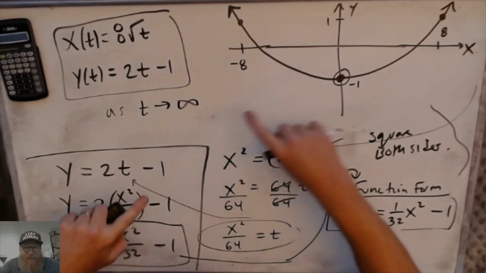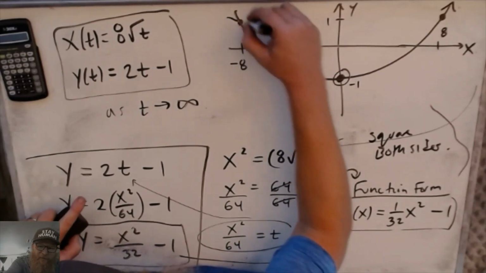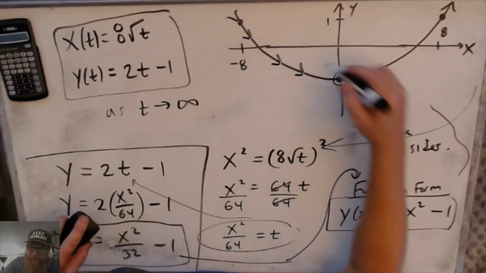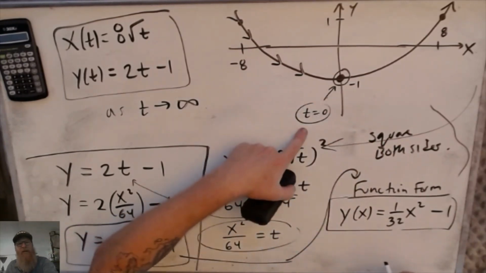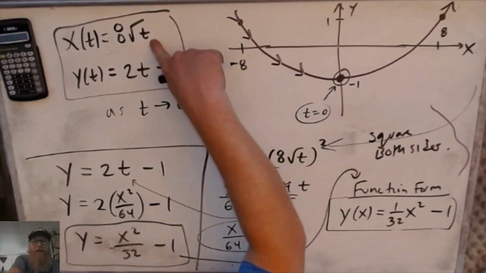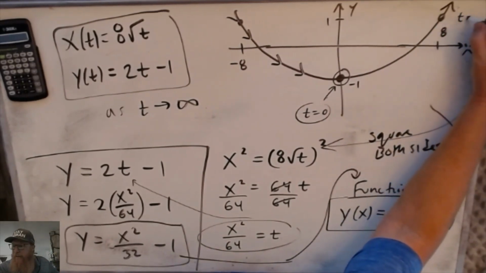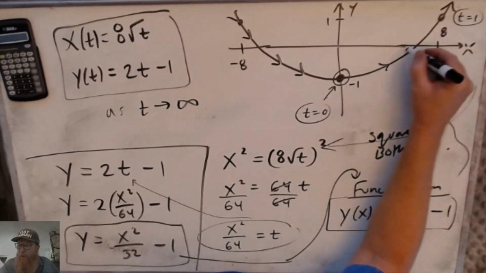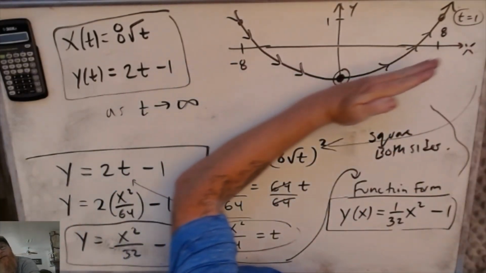And then as t goes to infinity, it's going to go to the right. So this would be the point as t equals 0. Maybe you want to plug in t equals 1. That'll put you right here at t equals 1. So over time, this graph is going to go from left to right.